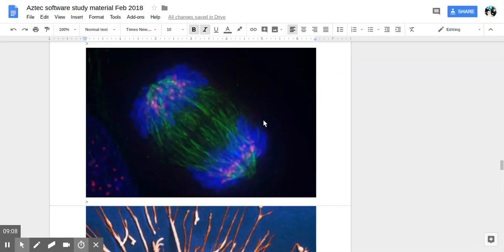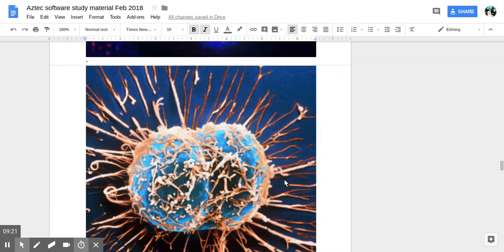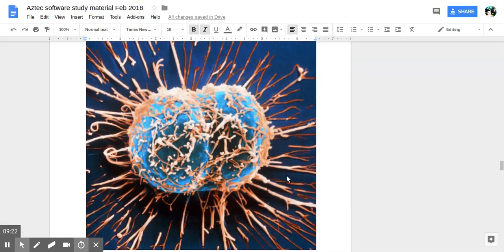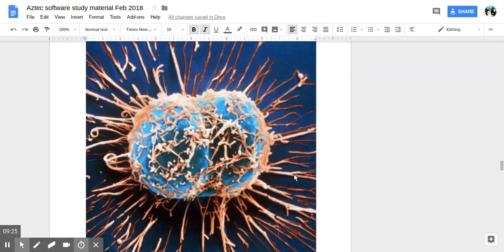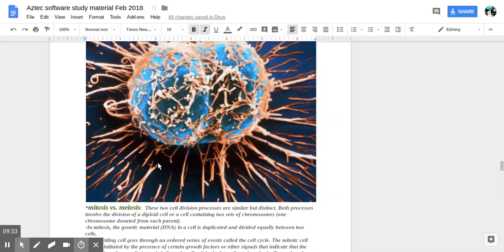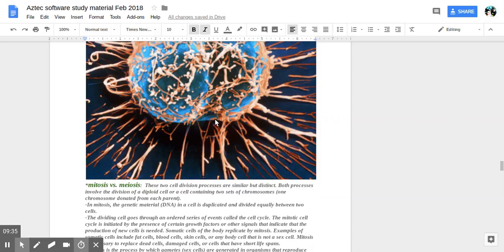You have separation of one cell into two, and all the contents separate once the cleavage furrow splits up the cell and the cytoplasm. All the organelles, everything is split into two, and this is shown from the external viewpoint. This is the membrane, how it looks, and all the fibers surrounding.